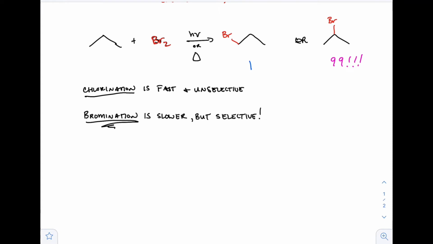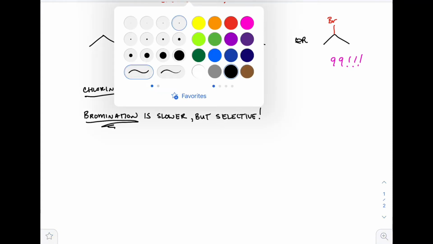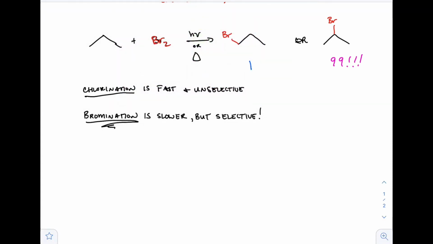So you're forming majority one product, if not all one product, but you're also saving money, right? So you're not wasting propane molecules to make some other undesired bromine compound, and you're also not having to purify as much. And so there's a variety of reasons why selective reactions are much better, okay?